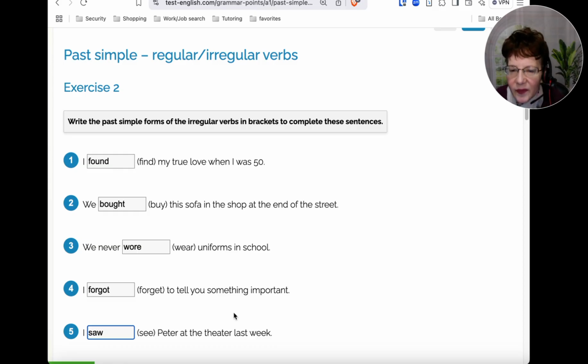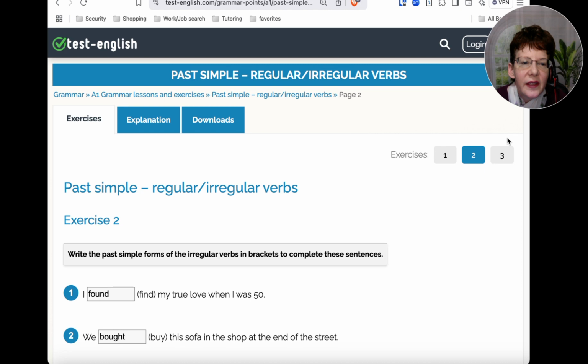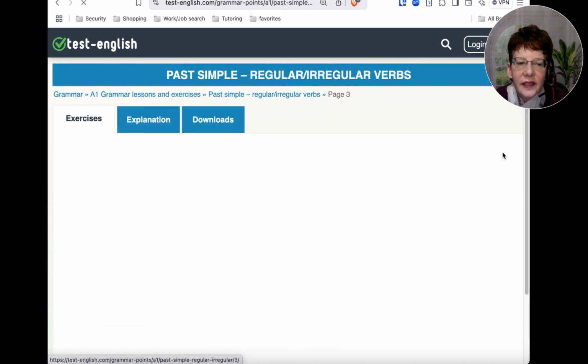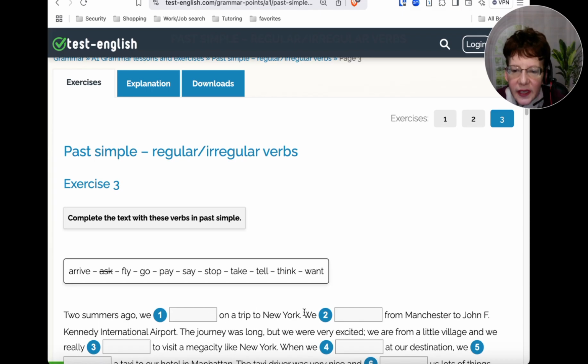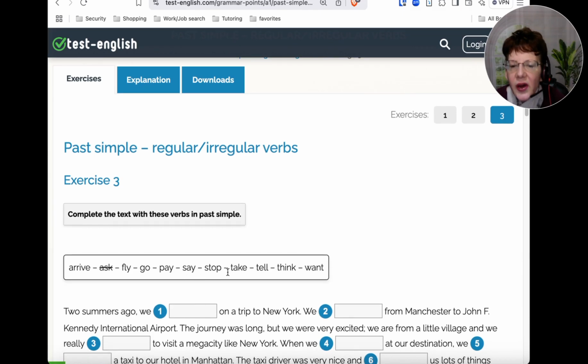All right, excellent job. So, okay, the third one looks like, so we're just going to do a few of these, choosing the verbs from the box. Okay, so 2 summers ago, we on a trip to New York.